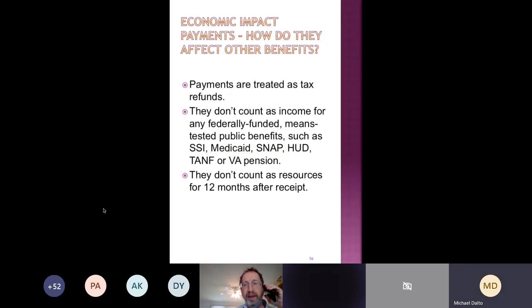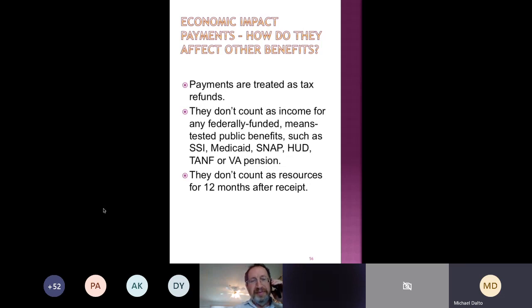So how do economic impact payments affect other benefits people might receive? Well, this is pretty nice and simple. The payments are treated as being tax refunds, and tax refunds do not count as income for any need-based public benefits that are wholly or partially federally funded.